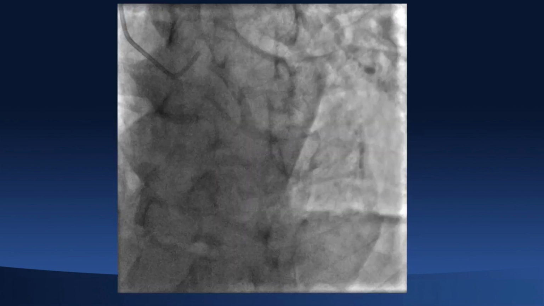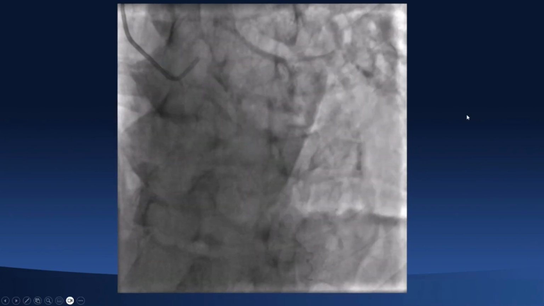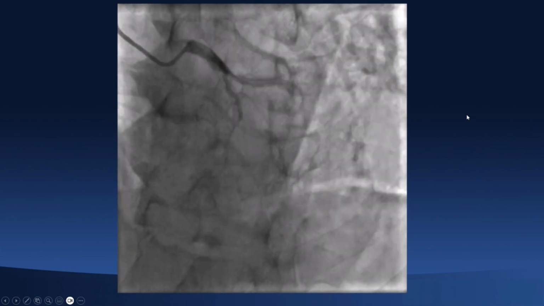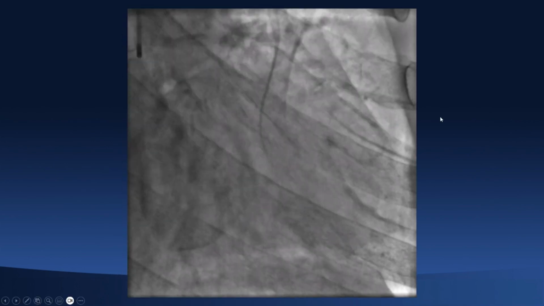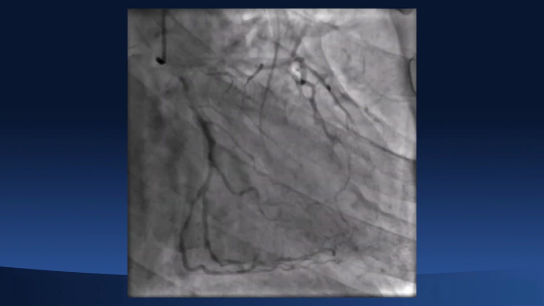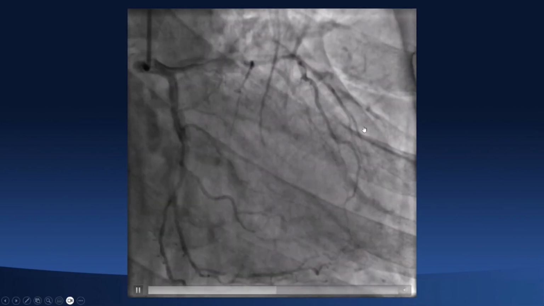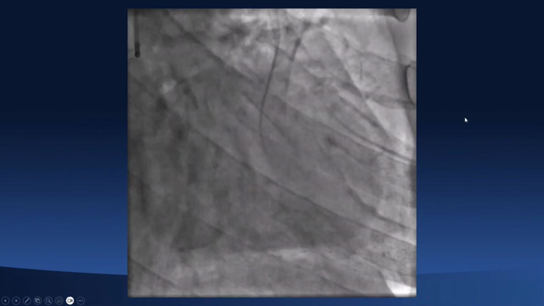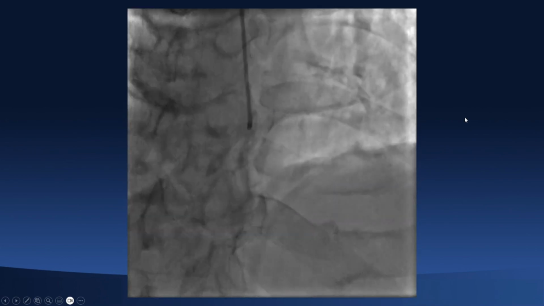Next, there was a moderate stenosis in the ostium of the first diagonal branch. Next, we also found nearly 15% stenosis in the middle segment of the LCX and RCA with severe calcification.